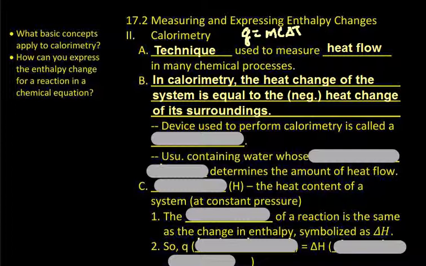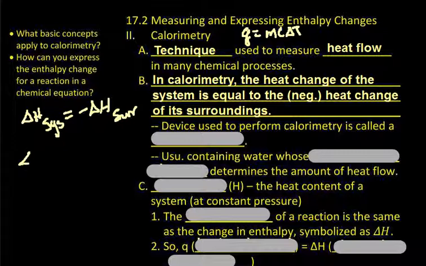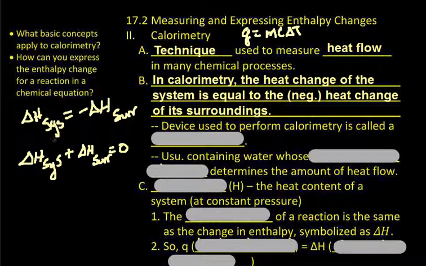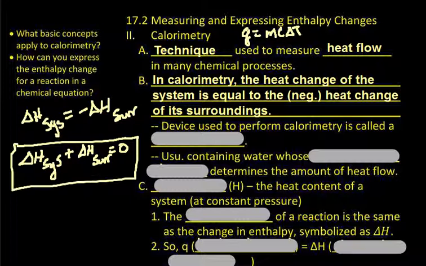So let's write that in a different way. The change in the heat of the system equals the negative heat change of the surroundings. Or another way of looking at this is that the delta H of the system plus the change in the surroundings equals 0. In other words, if one goes up, the other one has to go down to the point where there is no heat added to the system.